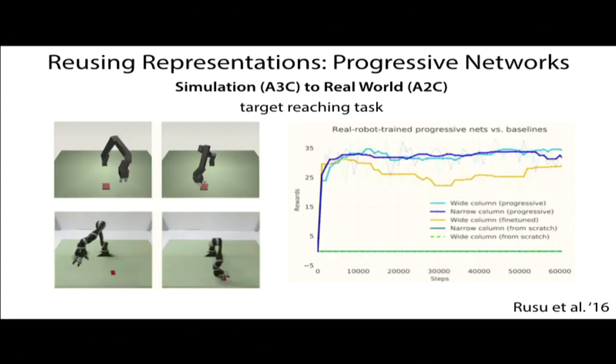Here, because they use a very sparse reward in the real world, it wasn't able to learn at all when you train from scratch. If you fine-tune, that's shown in yellow. And so it is able to learn more quickly, but it isn't able to hold its performance. And using progressive networks, it's able to effectively learn the task more quickly.